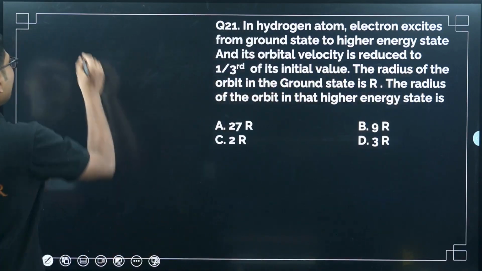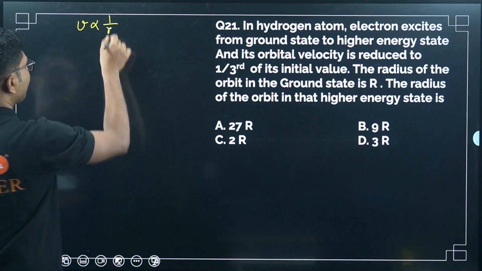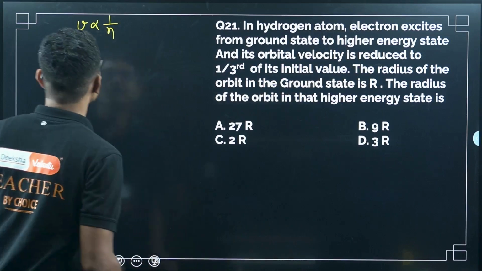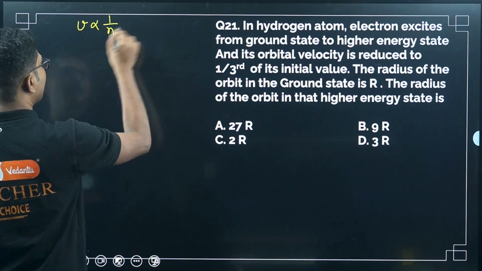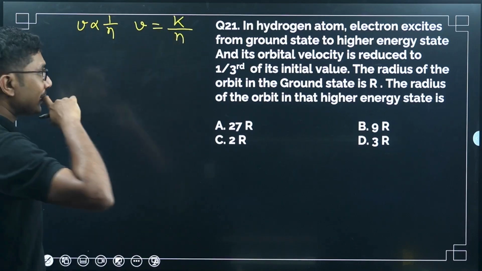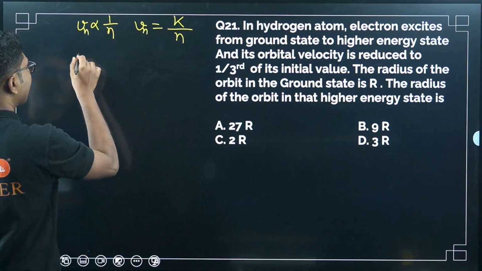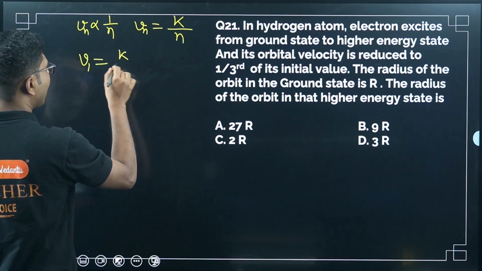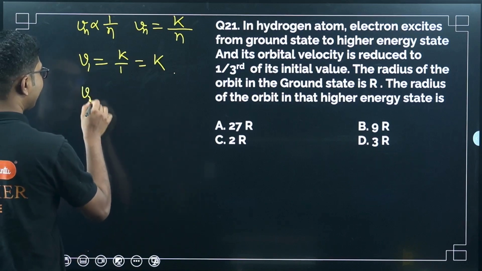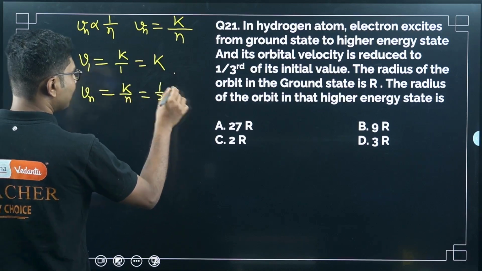Now we know that orbital velocity is proportional to 1 by n. So v is equal to some proportionality constant k by n. In the ground state, v1 equals k by 1, that is k, and at some higher energy state, Vn will be k by n, and that equals 1/3 v.